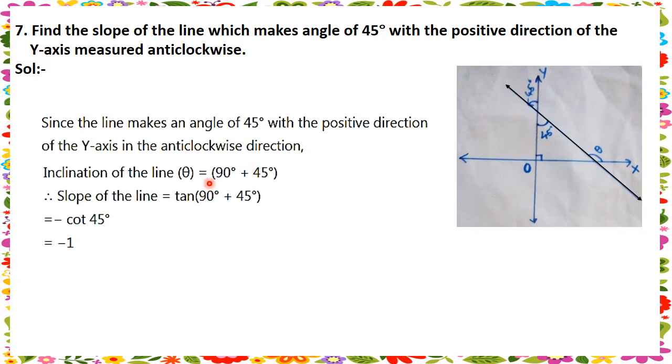Then we have theta is equal to 90 plus 45 degrees. Therefore, the slope of the line is tan theta, that is tan(90 + 45), and tan(90 + 45) can be written as minus cot 45 using trigonometric relations. So minus cot 45 is minus 1, so minus 1 is the slope of the given line.